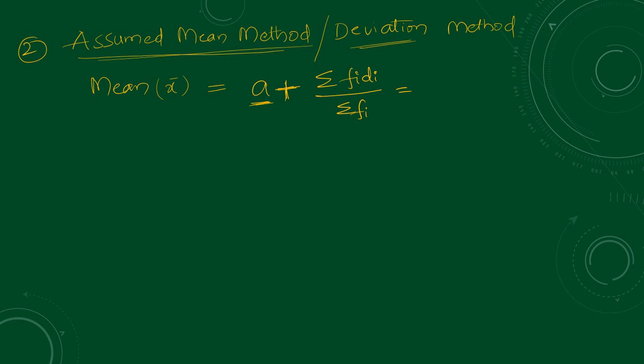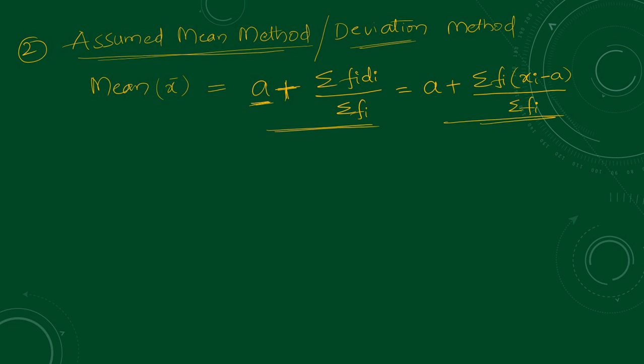This can also be written as a plus summation of fi into xi minus a by summation of fi. This is one more representation of this. This is the formula we need to make use of.